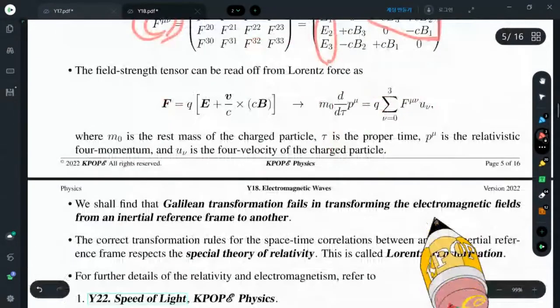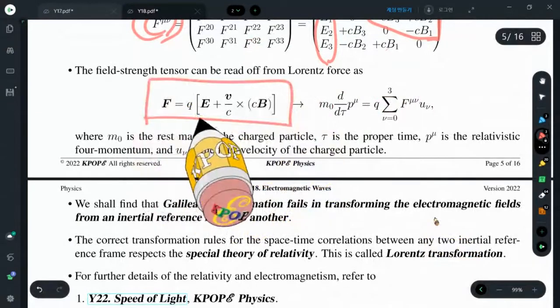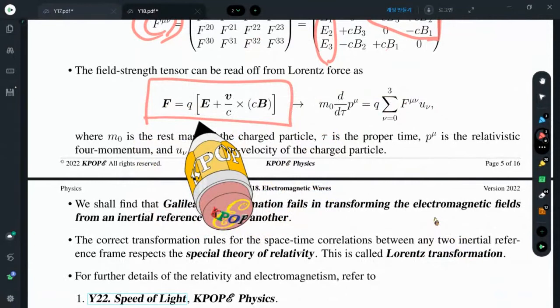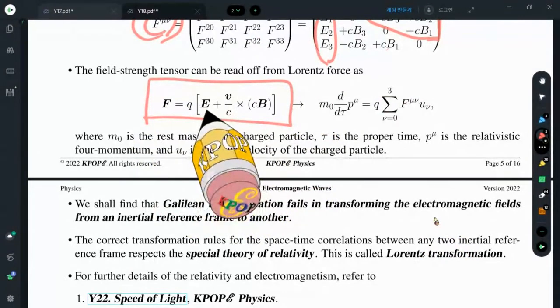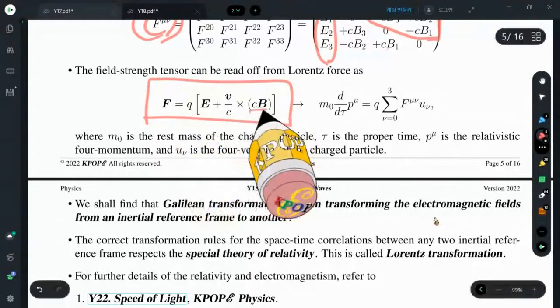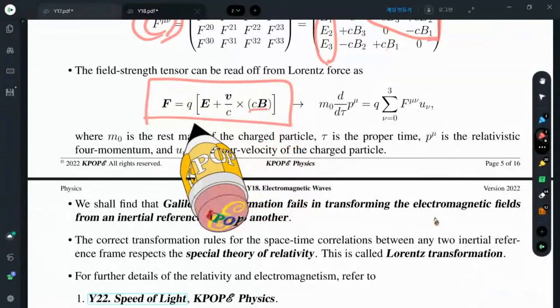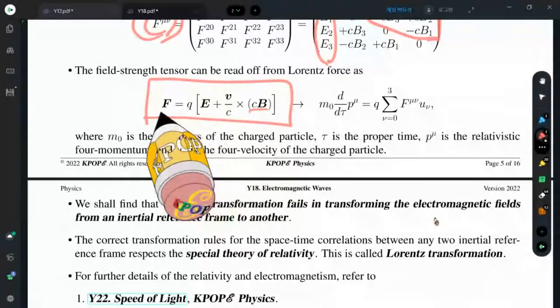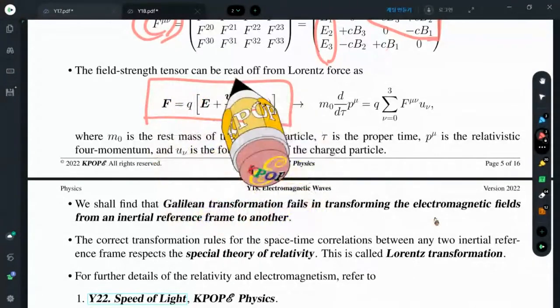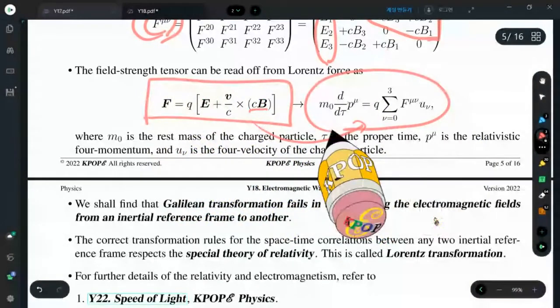And you are familiar with the Lorentz force. The electric field creates electrostatic force. Magnetic field applies a magnetic force on a moving particle. However, it is completely combined into a single matrix equation.